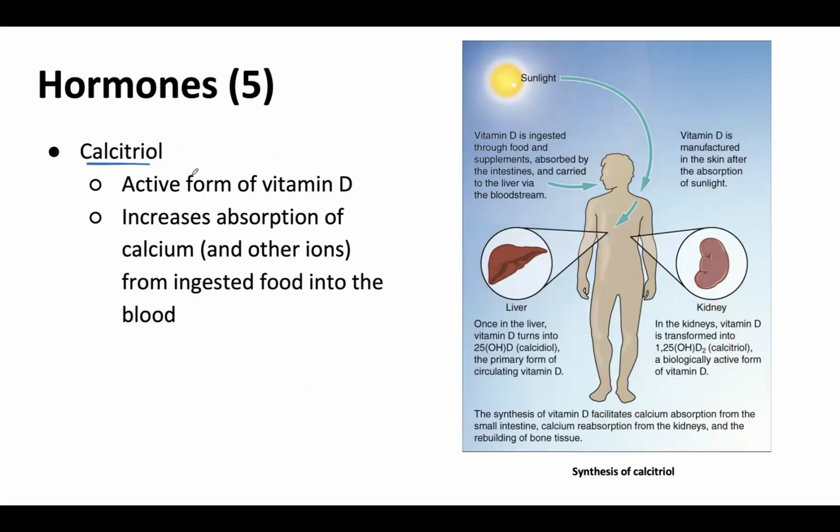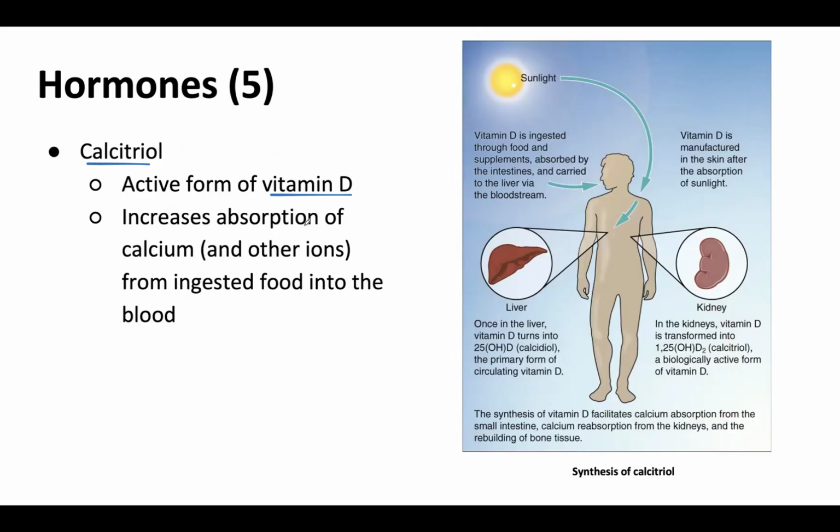Calcitriol is going to be the active form of vitamin D. And so vitamin D can either be ingested, as we discussed earlier, but it can also be manufactured internally. And this is first initiated in the skin by absorption of sunlight, and then going through a process in the liver to form the circulating form of vitamin D, to eventually in the kidneys having vitamin D transformed into calcitriol.